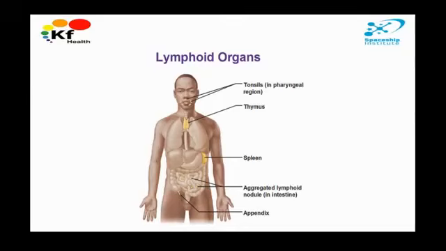So the function is to recognize the particles. When a particle comes inside your body, is it useful, or will this material damage the body? So they are like an information center for your body. They inform the body what has come in.